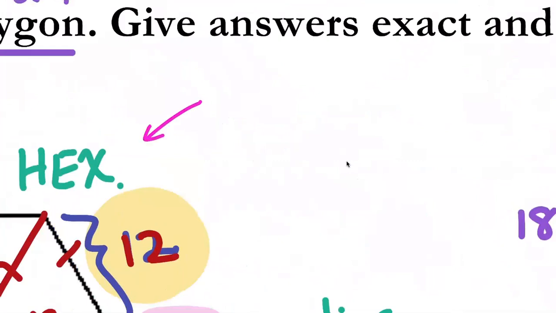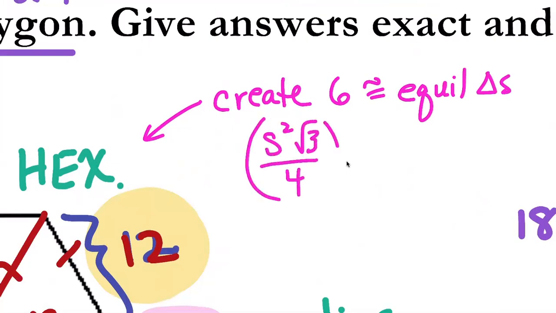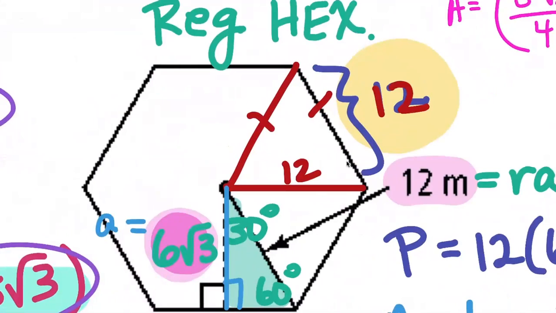When you draw on the central angles, you create 6 congruent equilateral triangles. That means that you can do s squared root 3 over 4 and then multiply by 6 to get the area. Okay, so only on a hexagon. If you prefer to do that, because sometimes this is easier.